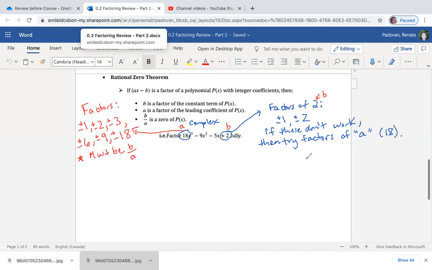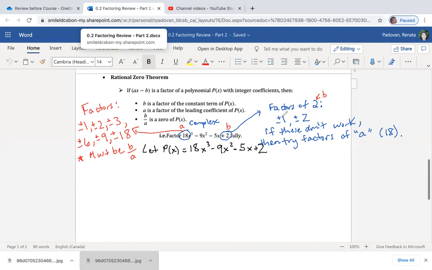So first, just to try it out, let's see if we can get everything to work just on this side, which makes it easier, the same way as I did before. So I'm going to let p of x be equal to my expression, 18x cubed minus 9x squared, take away 5x plus 2.